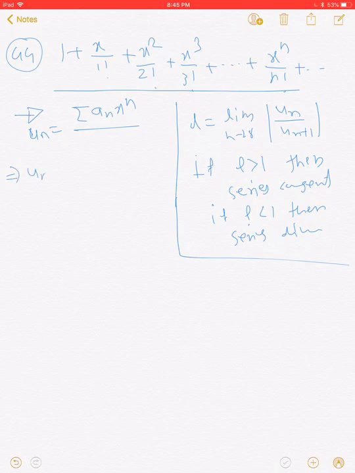Here the nth term is x raised to the n upon n factorial, and the n plus 1th term is x raised to the n plus 1 upon n plus 1 factorial. Just replace n by n plus 1.